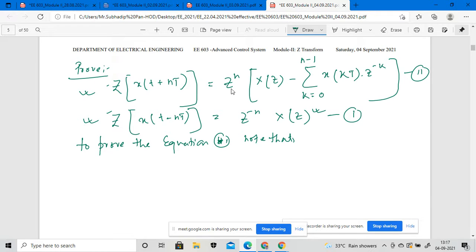The notation will be the Z transformation of x of t minus nt, that is equal to, if we have to do the Z transformation.